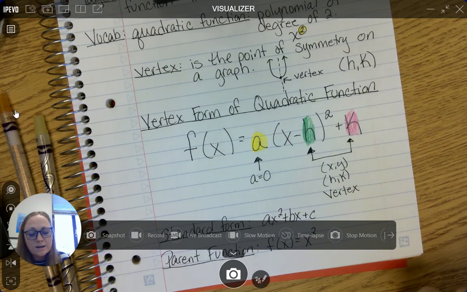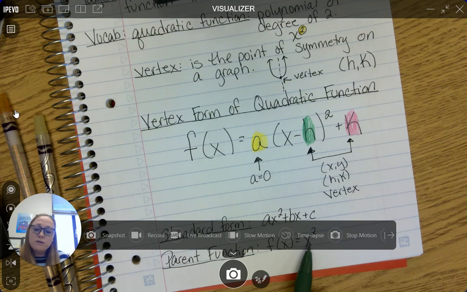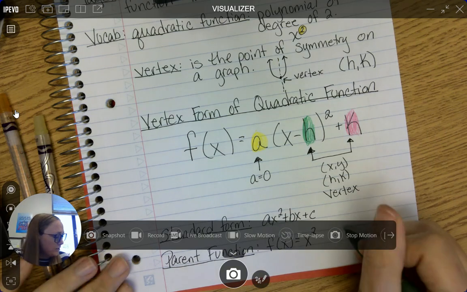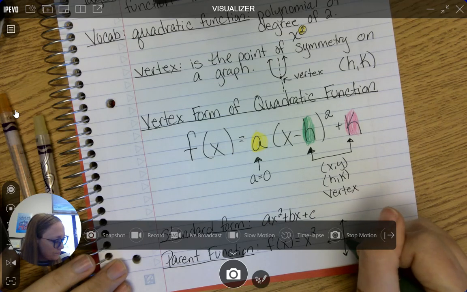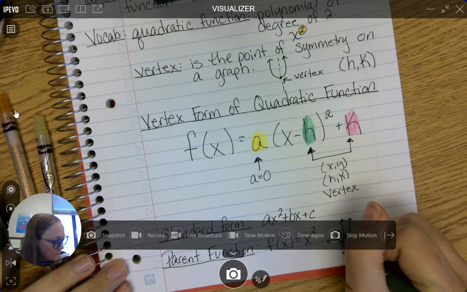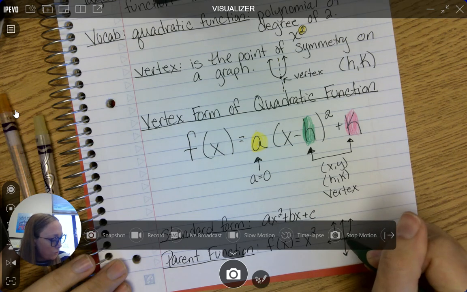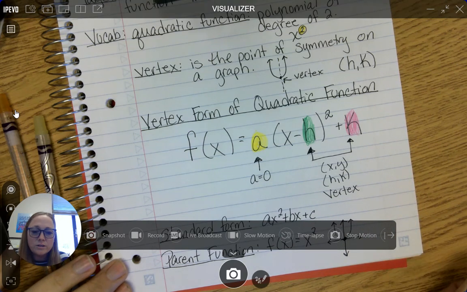That's our clue. It's a quadratic. Fancy name for exponent of 2. But all of our graphs are going to start with this x squared. And we'll see what that looks like. So that means our parabola starts at our origin.